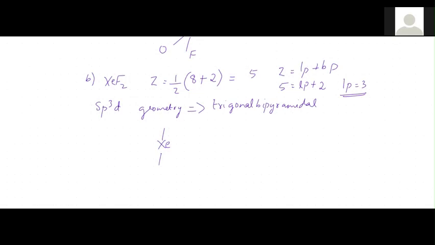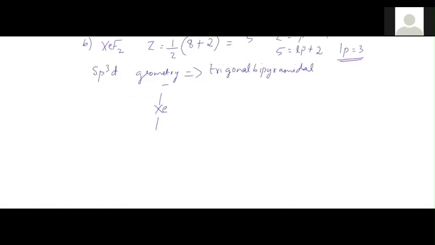I'm placing both of them in the equatorial position and the 3 lone pairs in the axial position. Now for the shape, if I hide the lone pairs, what shape am I getting? I'm getting a linear shape. Okay, I hope it is clear till here.